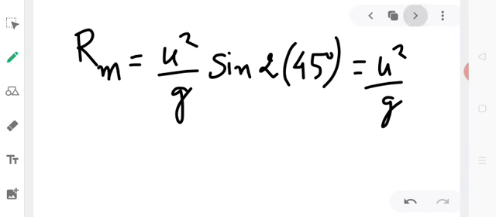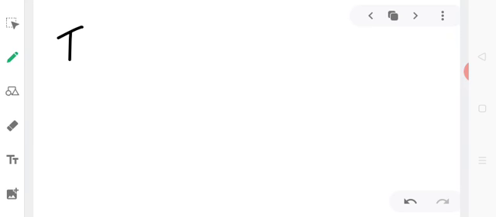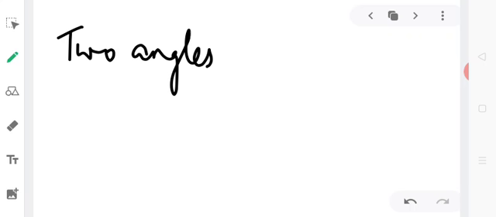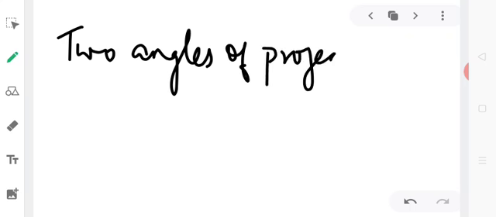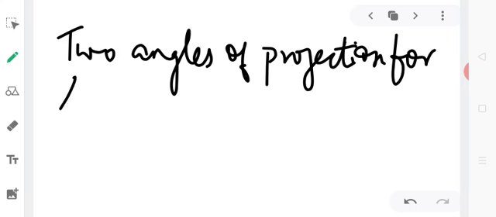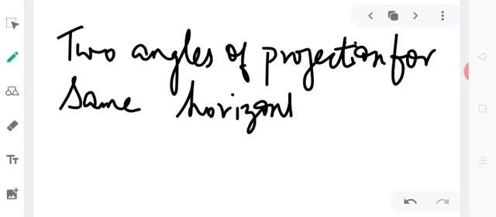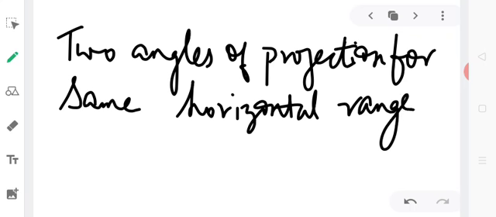I would also like to tell you that there are two angles of projection for same horizontal range.